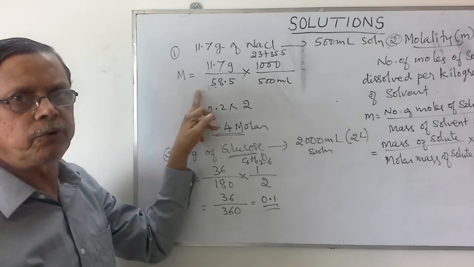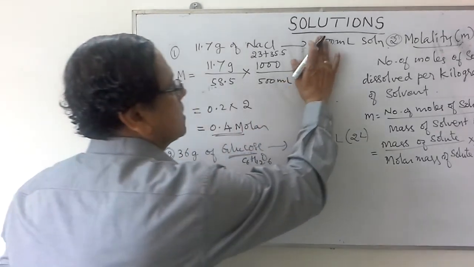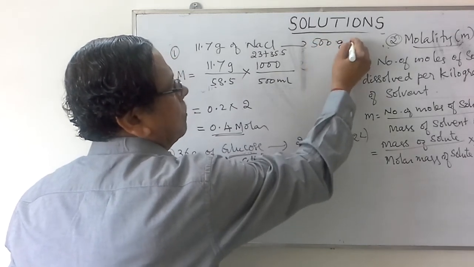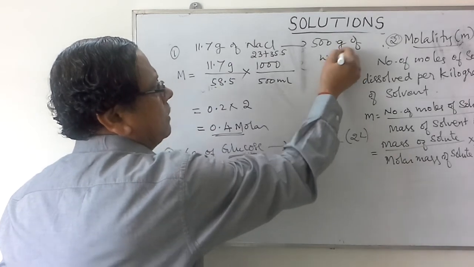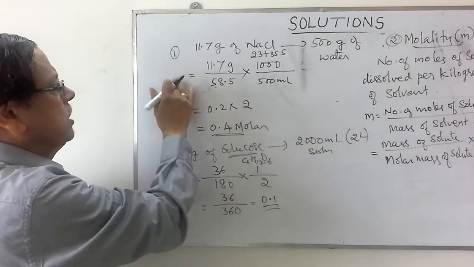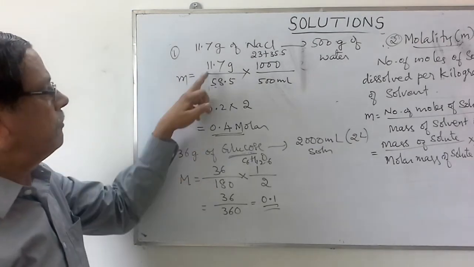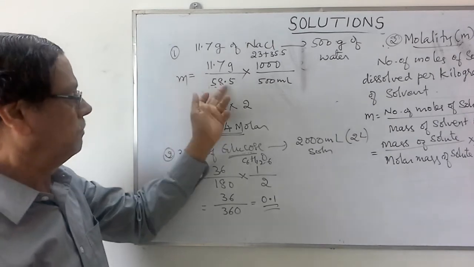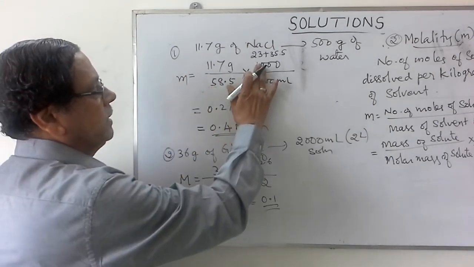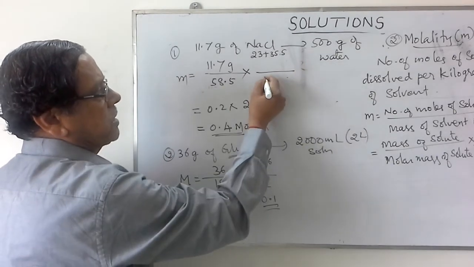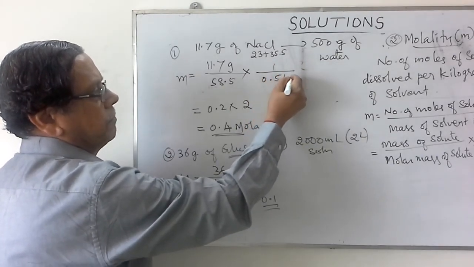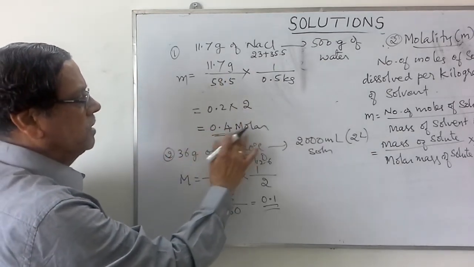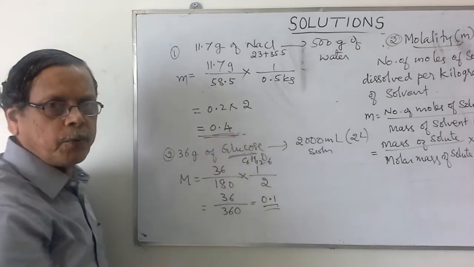Instead of capital M, we calculate small m. Suppose it is given as 11.7 grams of sodium chloride in 500 grams of water. Then molality, small m, is equal to 11.7, the mass of the sodium chloride, divided by 58.5, the molar mass of sodium chloride, and here 500 grams corresponds to 0.5 kg. Then we have the same concentration, that is molality is equal to 0.4.